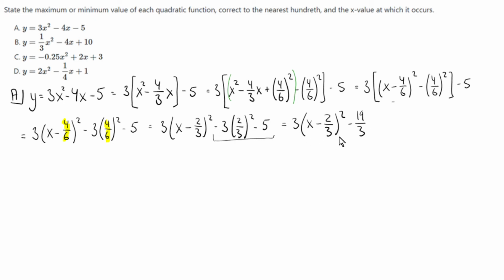So if we look at this vertex form, we can see that the coefficient here, 3, is larger than 0, which means that this quadratic function opens up. Which means that it has a minimum.